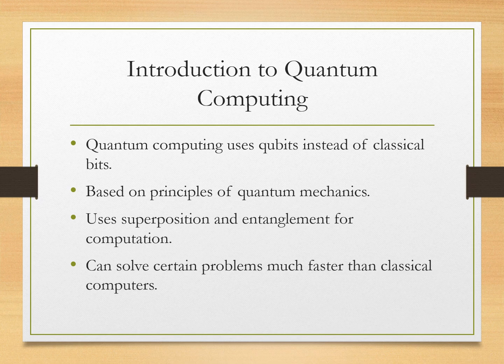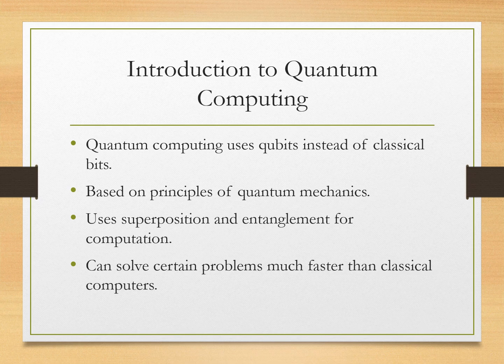To have a detailed explanation along with real-time examples, you can refer to another video on my channel related to superposition and entanglement. Due to these two principles, a quantum computer can solve certain problems much faster than a classical computer.